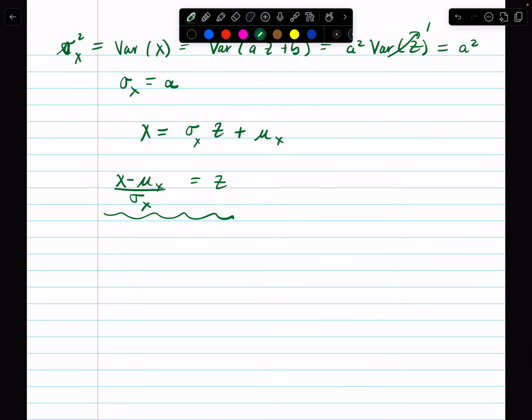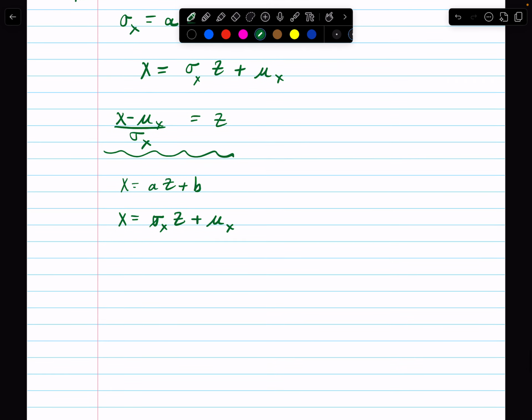That's important down the road as well. We now want to find, if X is a linear transformation of the standard normal, then what do we know? X is equal to sigma sub X Z plus mu sub X. We want to find the PDF for X, and we do that by starting with the CDF. If I say big F_X of x, that's the probability X is less than or equal to little x.